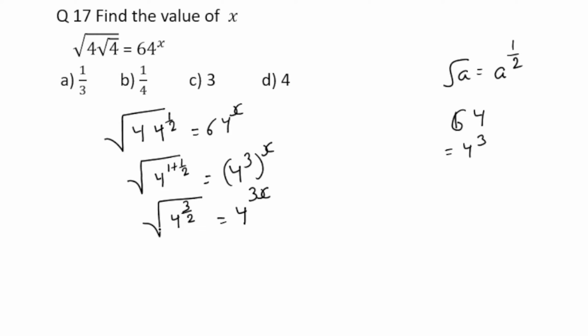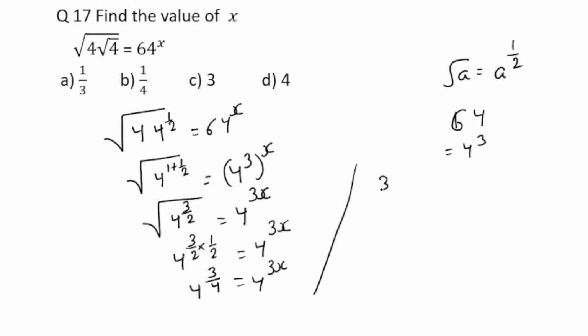Now this square root is the 1/2 power. That means 4 to the power 3 over 2 multiply 1 over 2 equals 4 to the power 3x. 3 multiply 1, 3. 2 multiply 2, 4. 4 to the power 3 over 4 equals 4 to the power 3x. Now we have the same base. If bases are the same, powers should be equal.